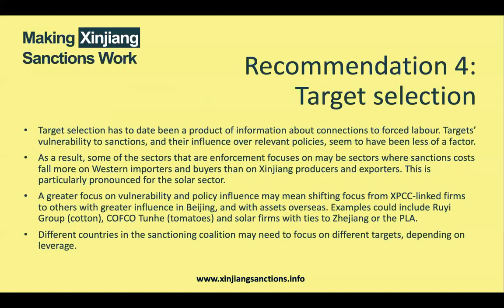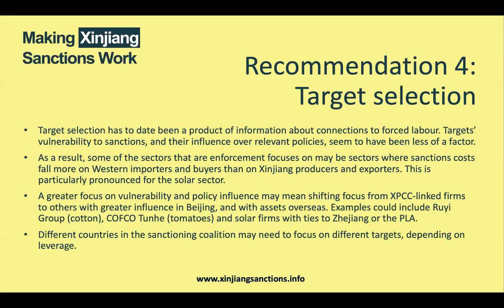Recommendation 4 offers other ideas for strengthening target selection. Again, as I said, one of the big surprises of our study is that targets don't appear to have been selected based on vulnerability or influence, the key factors that sanctions theory tells us matter. Instead, they seem to have been selected based on the available evidence of ties to forced labor.